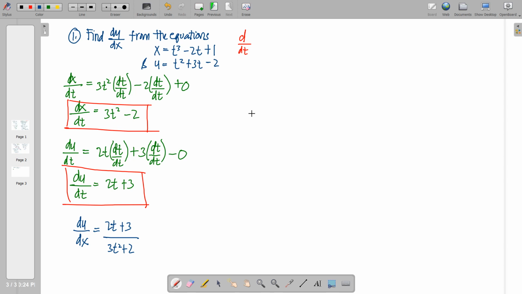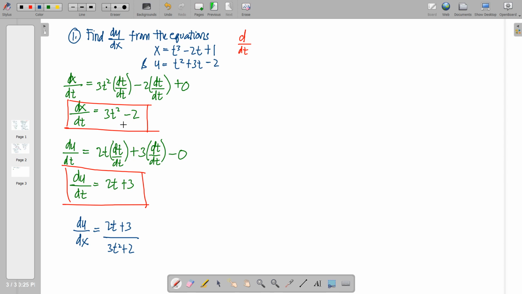By the way, let me mention here that usually the third parametric function, t, could be in terms of time. So say x refers to a distance, this is what we call relative rates.